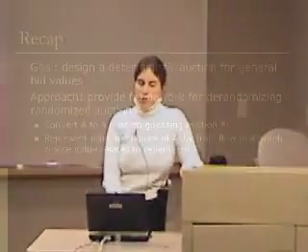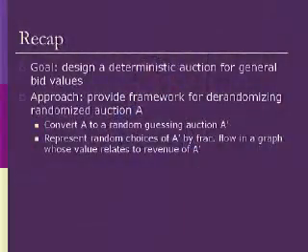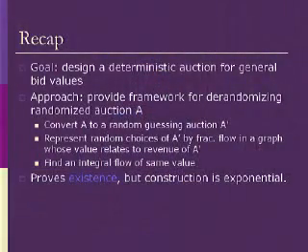We provide a framework for de-randomizing the randomized auction by converting a randomized auction to a random guessing auction, representing the choices of this guessing auction by fractional flow in a graph, and then finding an integral flow in the same graph. And then this integral flow will tell us how to charge every agent deterministically.